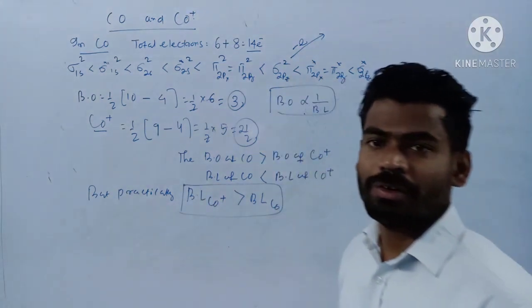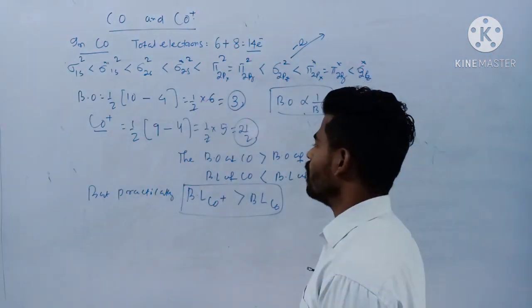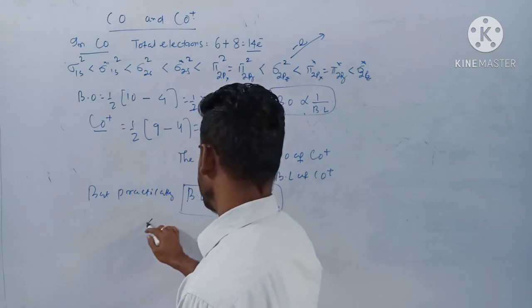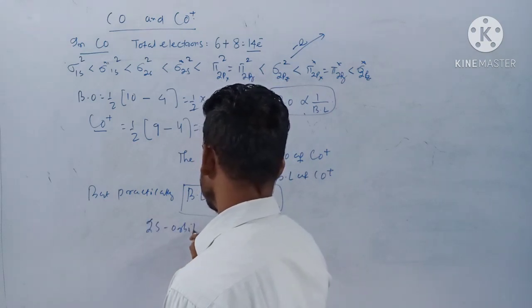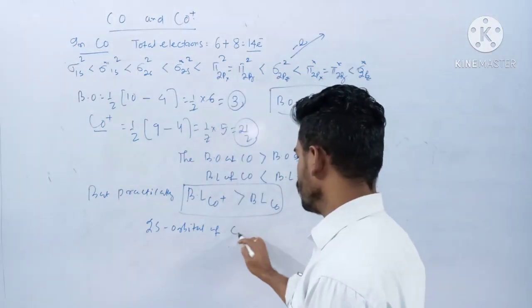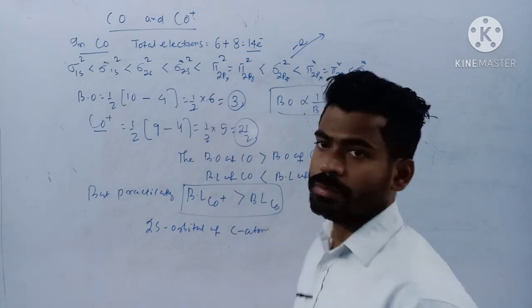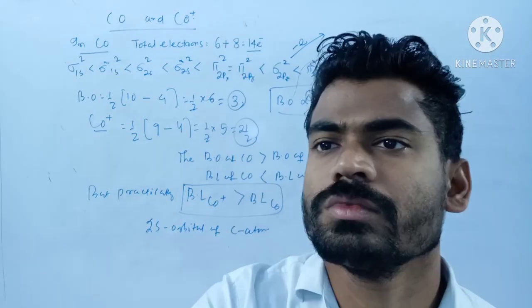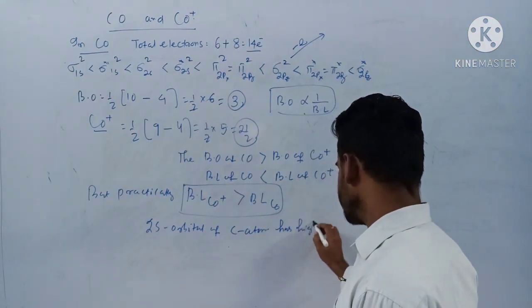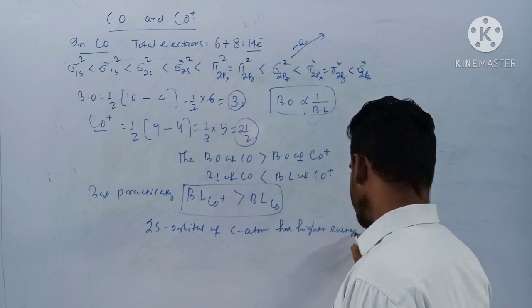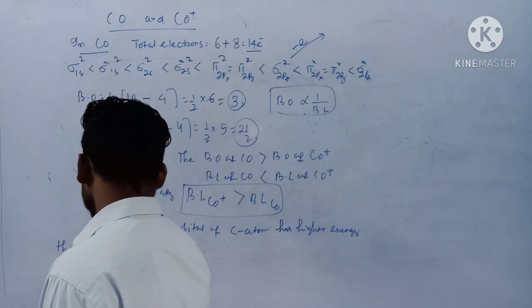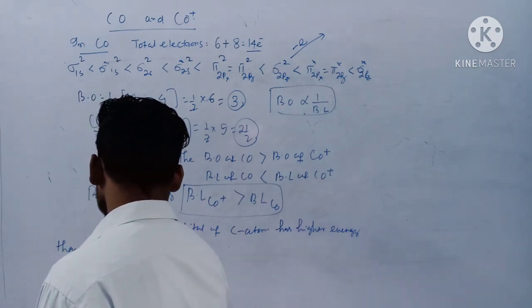Okay, so this is happening. The reason behind it is what? The 2s orbital of carbon atom has higher energy than the 2s orbital of oxygen atom.